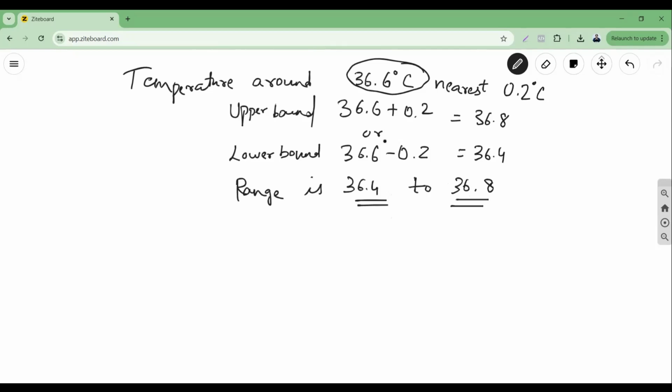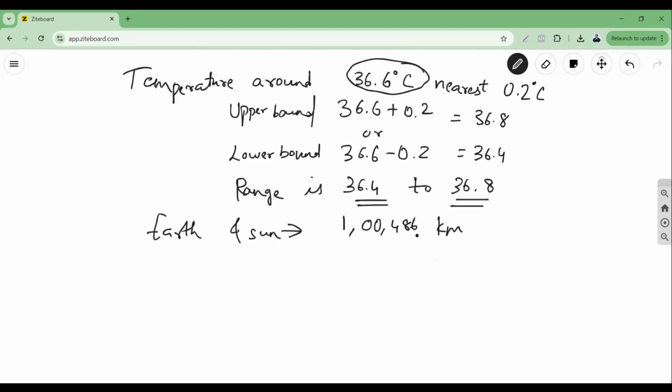Why do we do this? Because in real life, we will not get exact numbers. For example, when we say the distance between Earth and Sun, we will say this many kilometers. Let's say 1,486 kilometers. This is not correct, I'm just giving you a number.